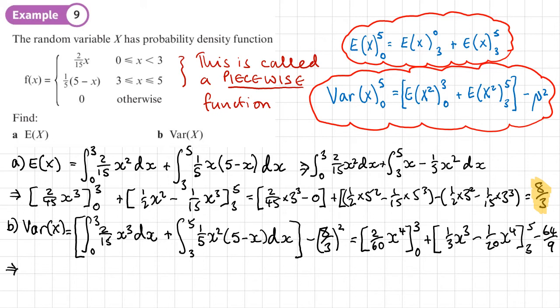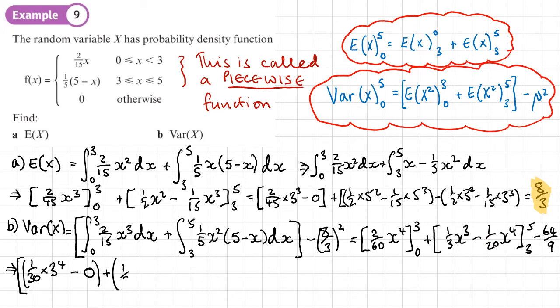Right, last line of working now, we'll substitute the values in. So we'll have 2 over 60 here, which is like 1 over 30, times by 3 to the power 4. Then we'll be taking away 0. Then we'll add, and we'll substitute 5 and 3 into this.